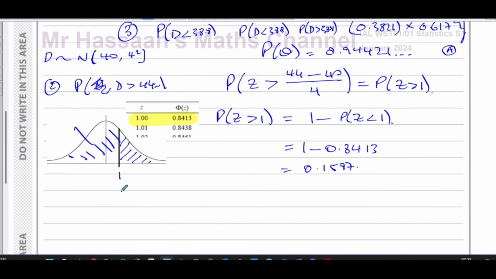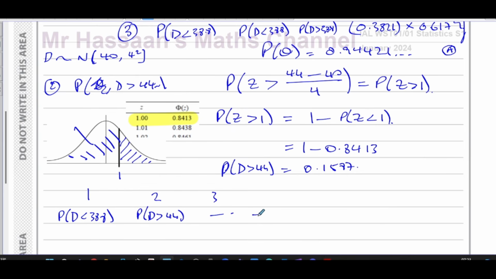However, we have to find the probability that they qualify on their second throw. That means for the first throw, we've got to find the probability that the throw was less than 38.8. And if they qualified on their second throw with a throw of more than 44 meters, there will be no third throw.